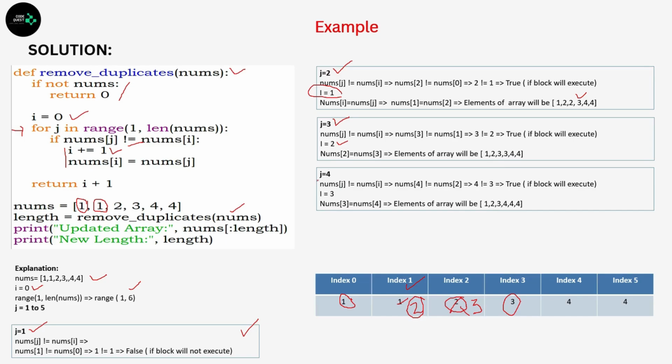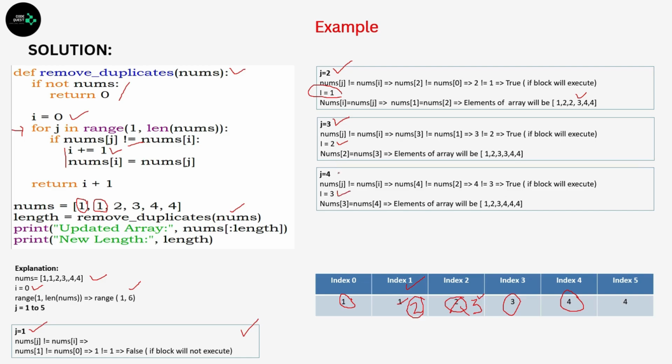Now the next iteration when j value is 4, I am verifying whether nums of j, that is nums of 4, not equal to nums of I. What is the I value? The updated last value, 2. So nums of 4 not equal to nums of 2. What is nums of 4 holding? 4. And nums of 2 holding 3. So 4 not equal to 3 is true. As a result, the if block will execute, and what will happen? The I gets updated to 3.